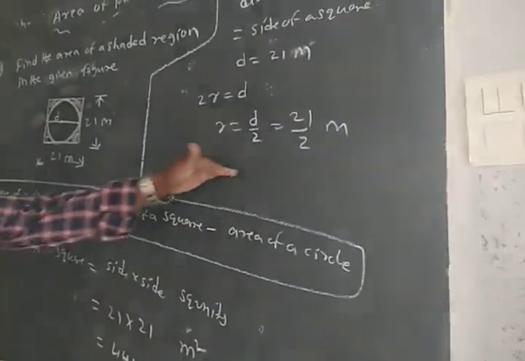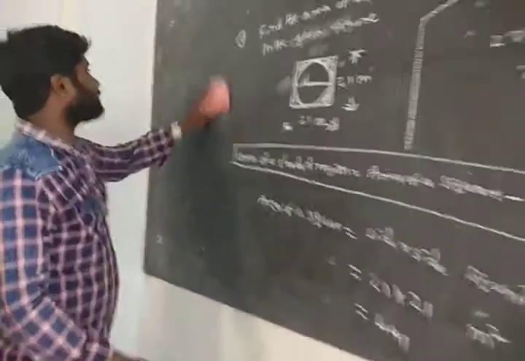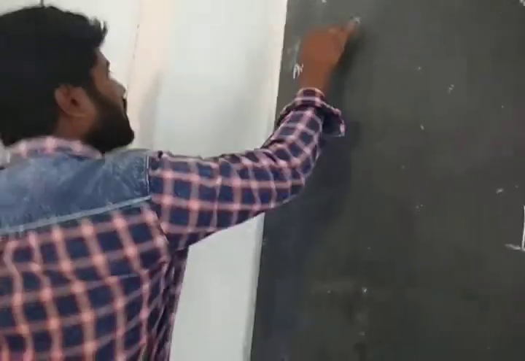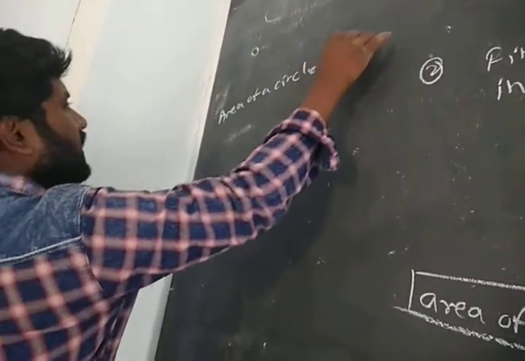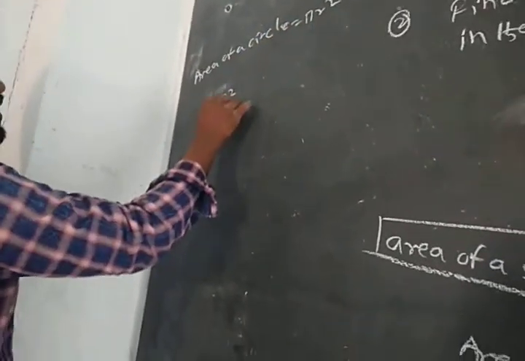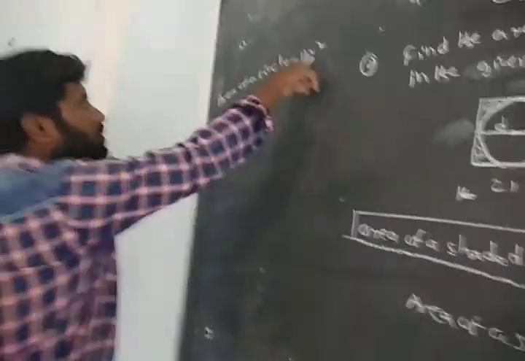So by using this, I am going to find the area. See here, area of a circle is equal to pi r square. Pi means the value 22 by 7, into r square.